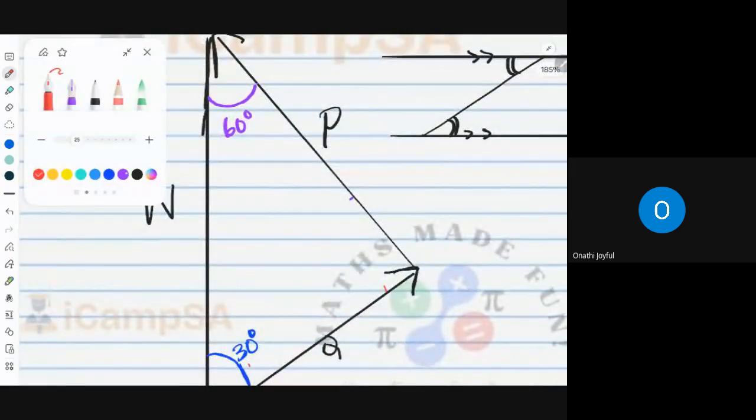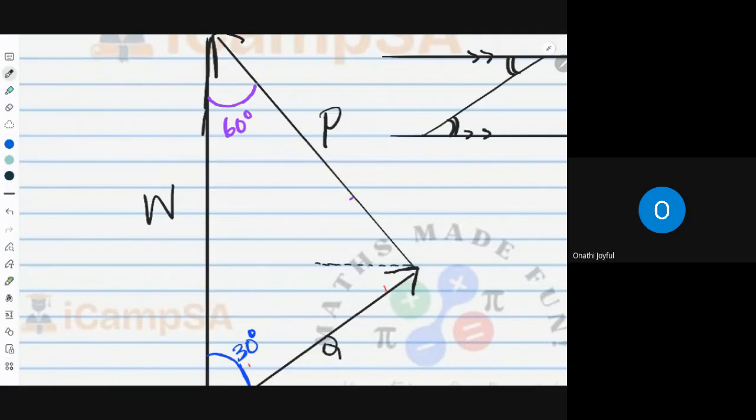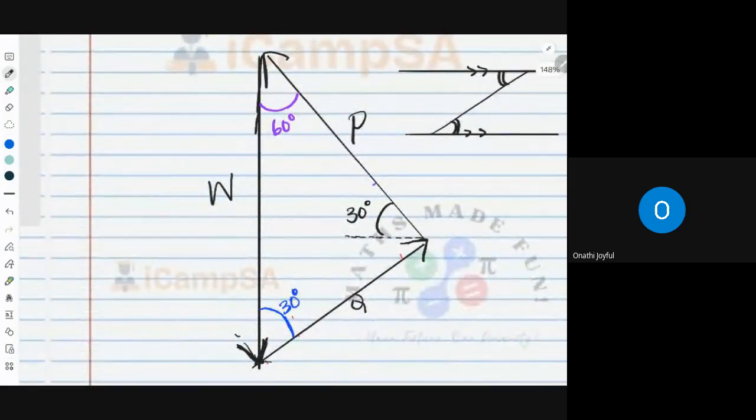We had something like this. You mean this angle, no? Yes. Between W and Q, I understand where the 30 degrees comes from, but I don't understand where the 60 degrees comes from between W and P.